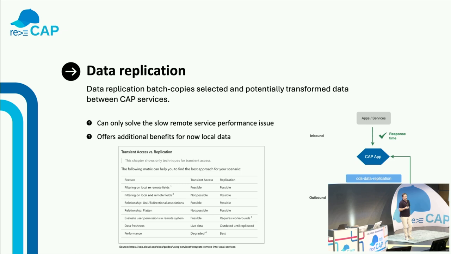This does not only solve a performance issue, but while remote service support in CAP is awesome, there still are some limitations to this, right? If you want to mesh it up with local data, you can see in the table, there are some things that don't work quite nicely, or you have to go into the coding by yourself to read the data on your own.